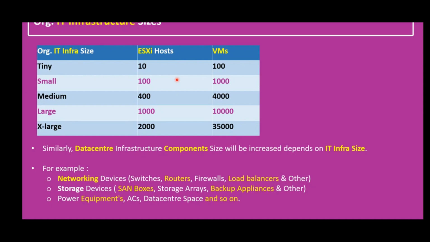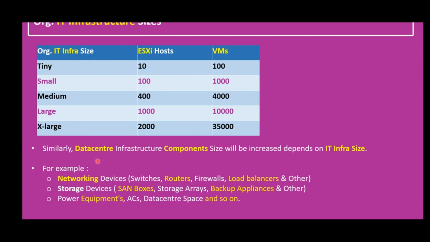So roughly 100 hosts means we require two resources. So for 400 ESXi hosts, you can multiply 4 into 2, minimally 8 members are needed to maintain the virtual infrastructure. Because we are not only managing the ESX hosts, we are also managing the virtual machines as well. I gave an example, but some companies may use a different strategy to recruit resources to manage their vSphere infrastructure.